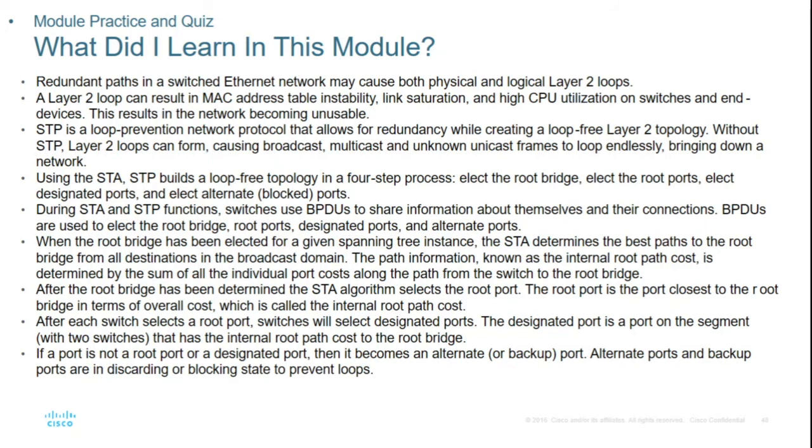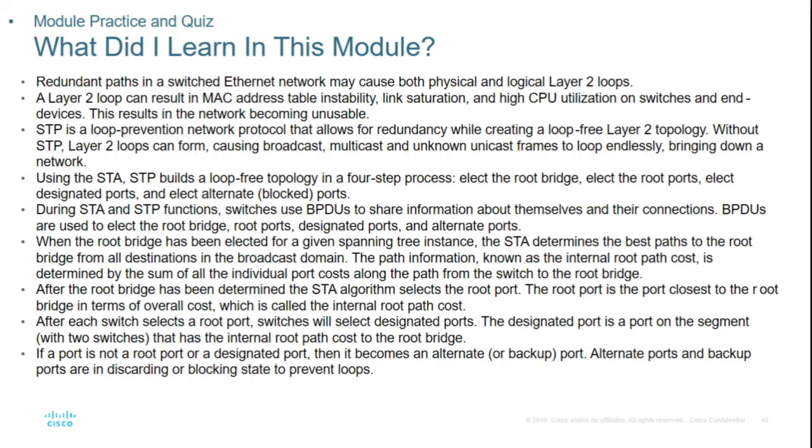So, in summary, we have learned about the purpose of STP, which is to prevent both physical and logical Layer 2 loops when redundant paths are implemented on the network. Without STP, Layer 2 loops can form, causing broadcast, multicast, and unknown unicast frames to loop endlessly, bringing the network down.